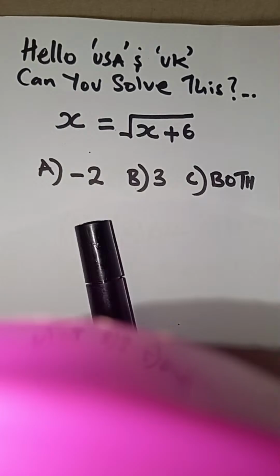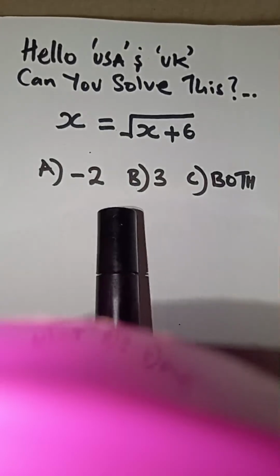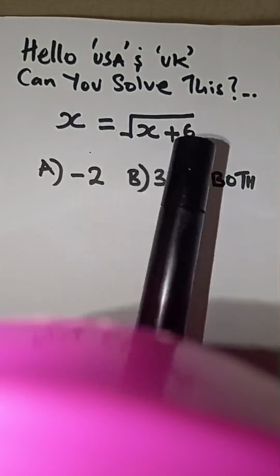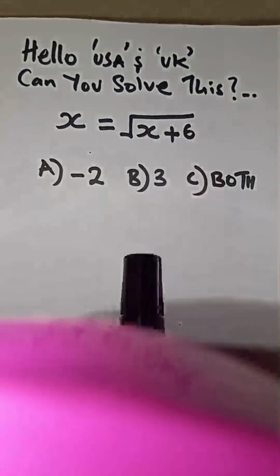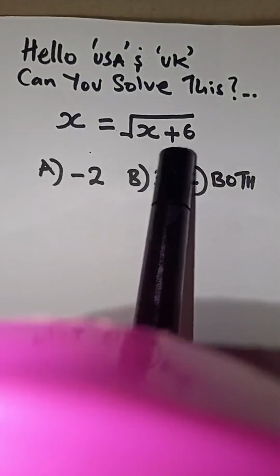Do we get the solution as A or B? And this is a very tricky, crazy one. On one side, we have a square root.